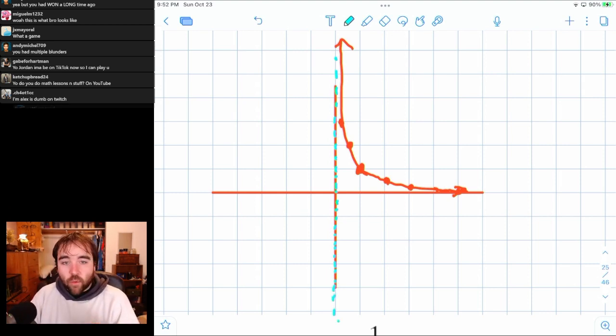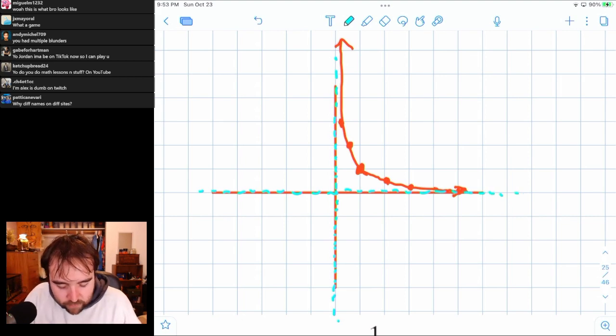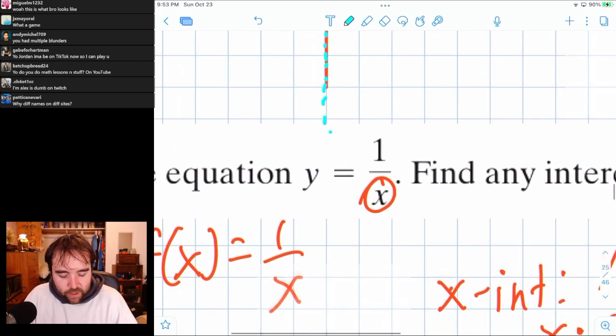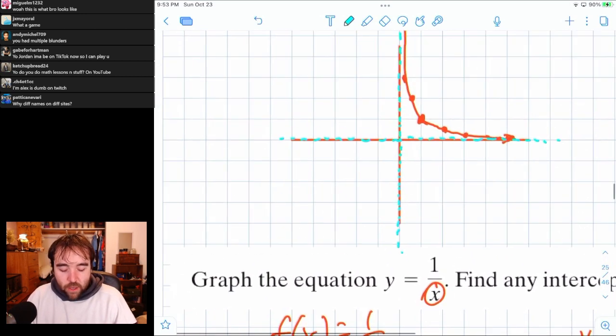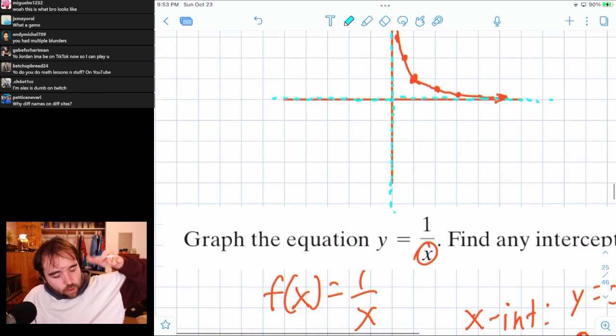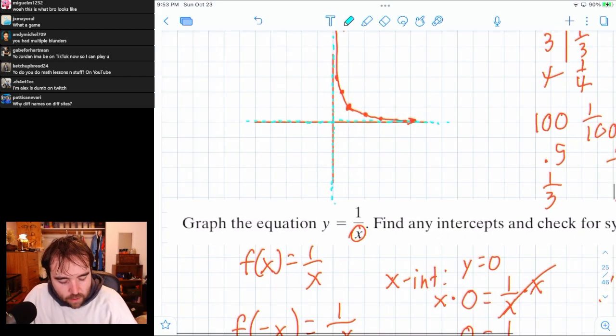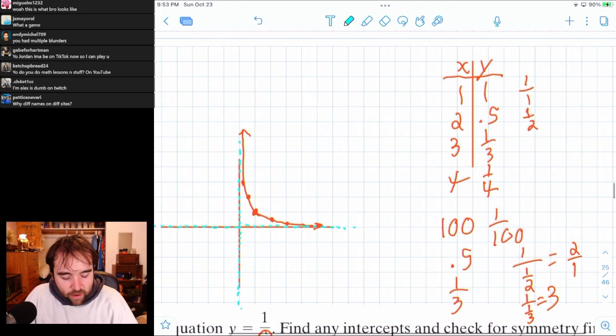And we have the same thing going sideways. We have a vertical and a horizontal asymptote here. A vertical asymptote, because we cannot plug in x equals 0, and a horizontal asymptote, because there's no x-intercepts, so it has to approach the x-axis but never actually get there. And so that's what that side of the graph looks like.